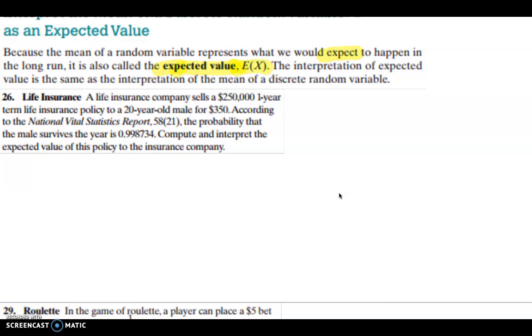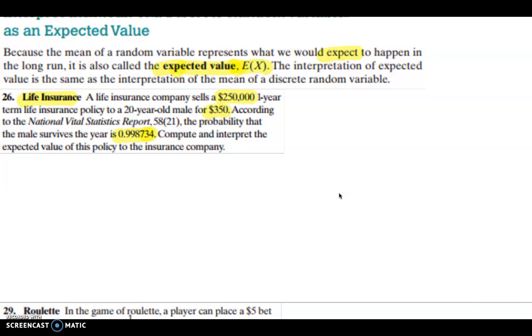And here's one example of where you could use an expected value. If you're a life insurance company, you sell a $250,000 one-year term life insurance policy to a 20-year-old for $350. According to the National Vital Statistics Report, the probability that a male survives that year is 0.998734.